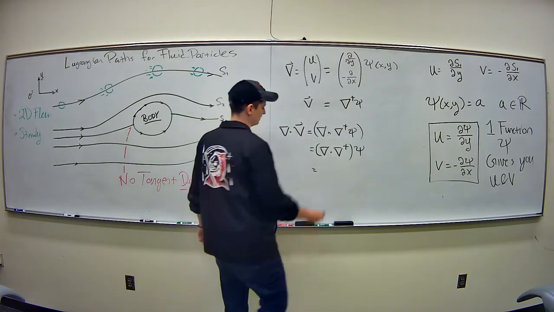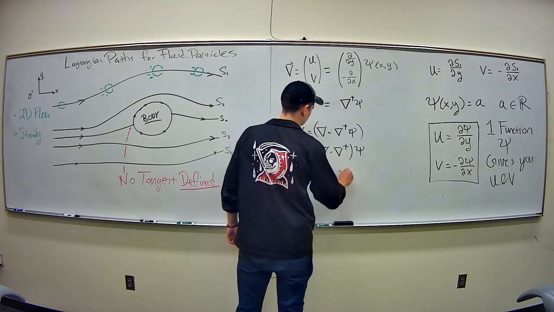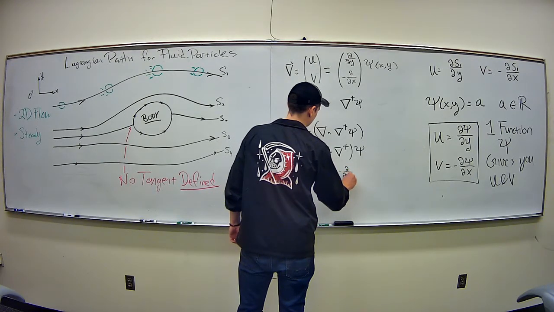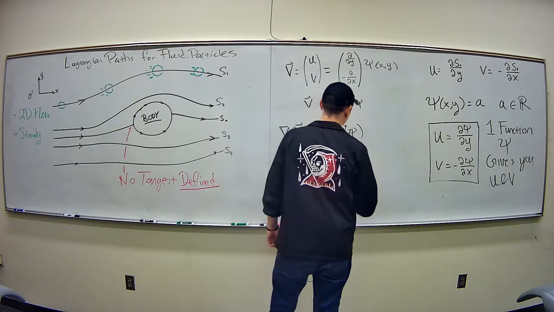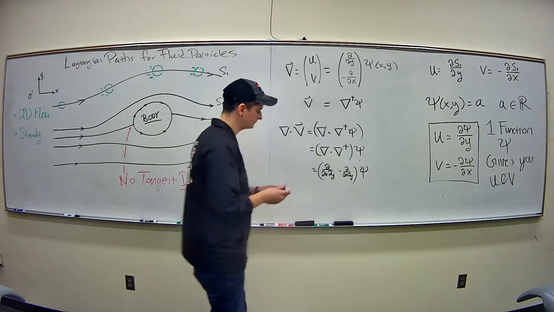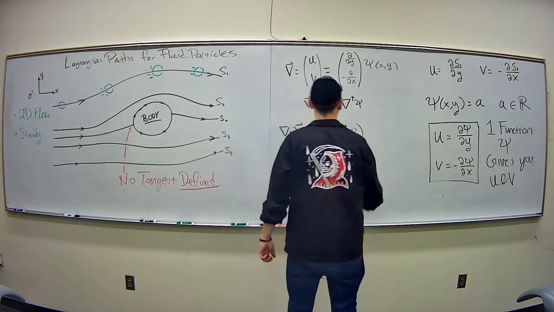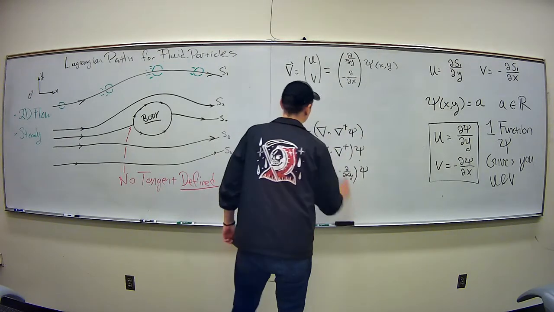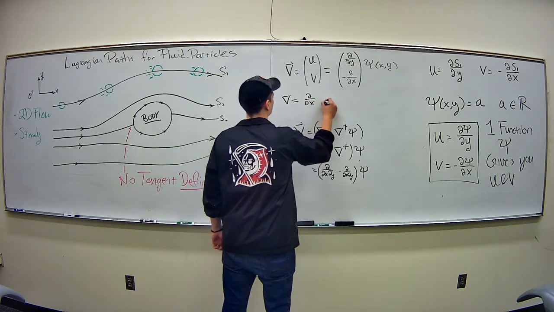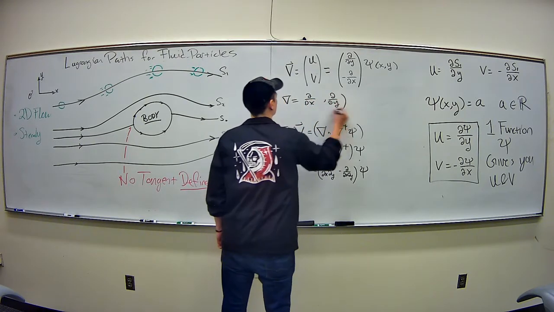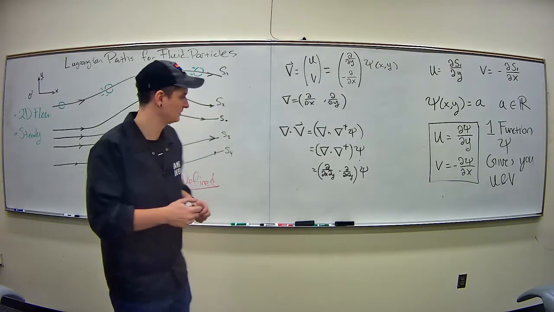This computation would yield this dotted with, so I have a row and this, but I can dot these two vectors.